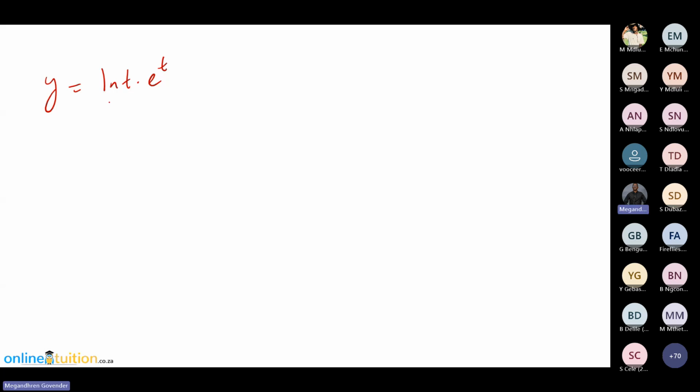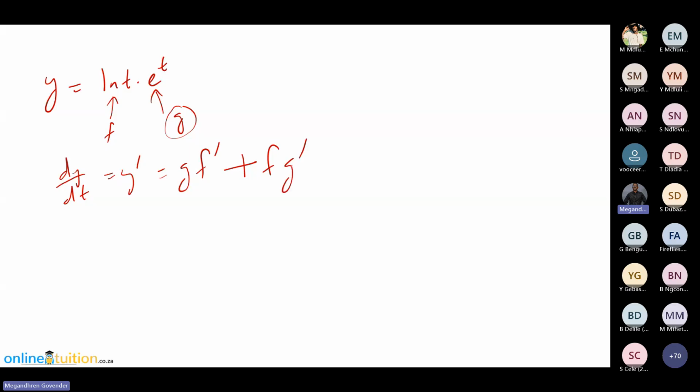Okay, so remember, take that to be a function f, take that to be a function g. So dy dt, which you call y prime, you will keep this guy constant. You'll differentiate the first function, plus keep the first function constant, differentiate that, right?